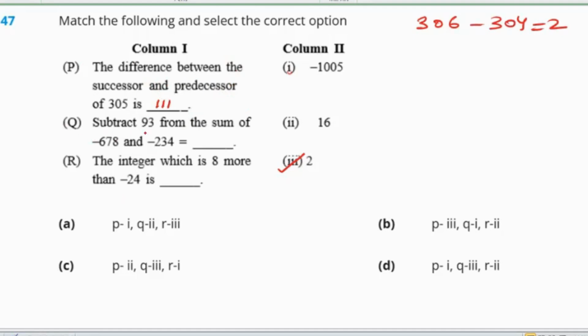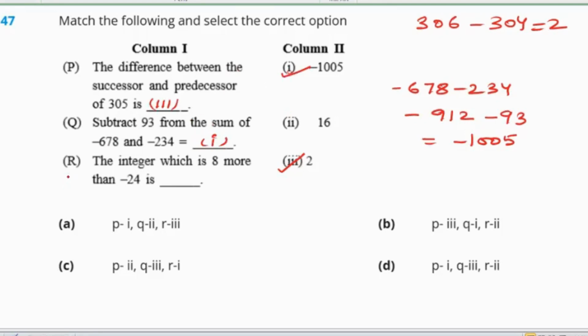Now the second one is subtract 93 from the sum of minus 678 and minus 234. When we add minus 678 and minus 234, we get minus 912. Now we need to subtract 93 from it, and we get minus 1005, which is option number 1.